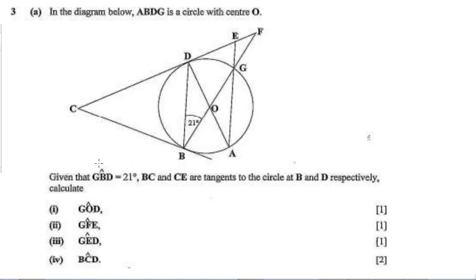Given that angle GBD is equal to 21 degrees, BC and CE are tangent to the circle at B and D respectively.